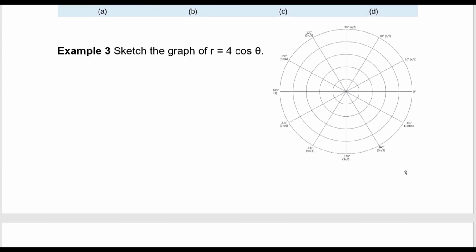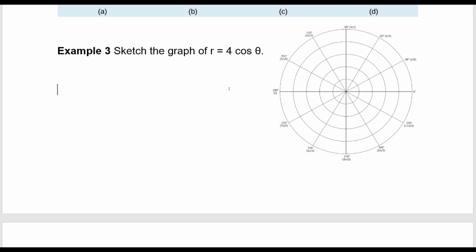So we're going to graph r equals 4 cosine theta. You can almost guess what it's going to be, because 4 is that diameter. So we're starting here, going out 1, 2, 3, 4. So it should go out this far.